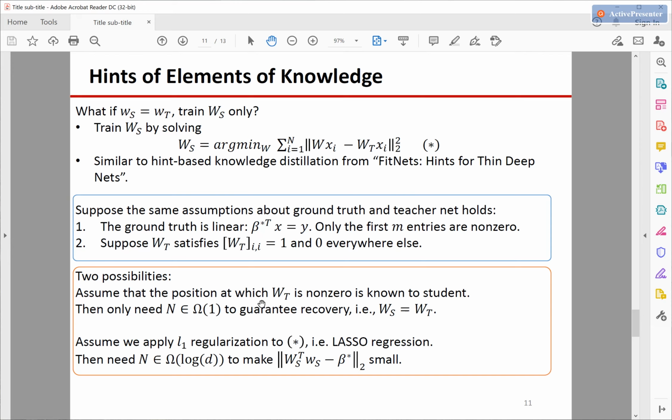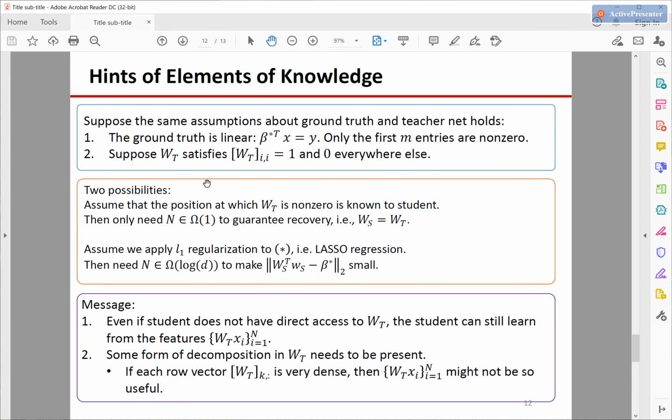If I assume that the structural connections are known, basically small ws is equal to small wt, and we are only training the hidden neurons by this optimization problem, which I mentioned before, basically the minimization of the difference between the hidden features of the student and teacher, then would I also have a positive case for student-teacher learning, meaning that I would also be able to reach low testing error for the student with a small amount of training samples? Again, the comparison is made between student-teacher and baseline. And the answer is yes.